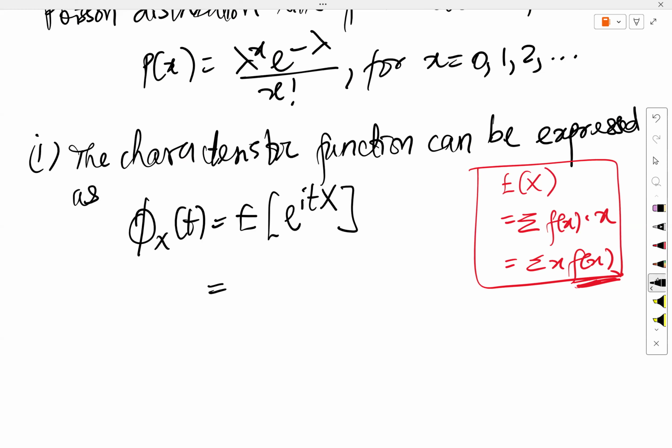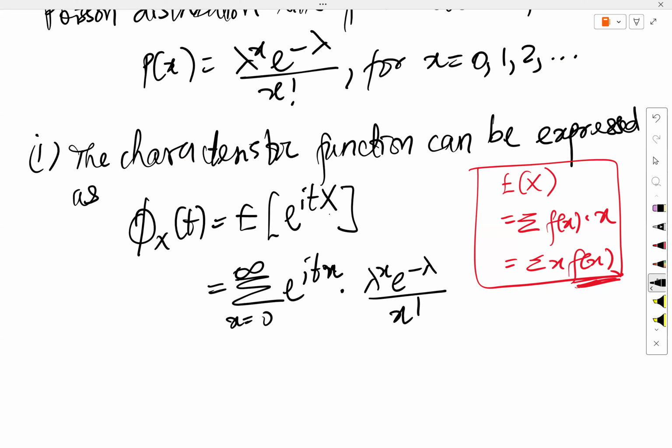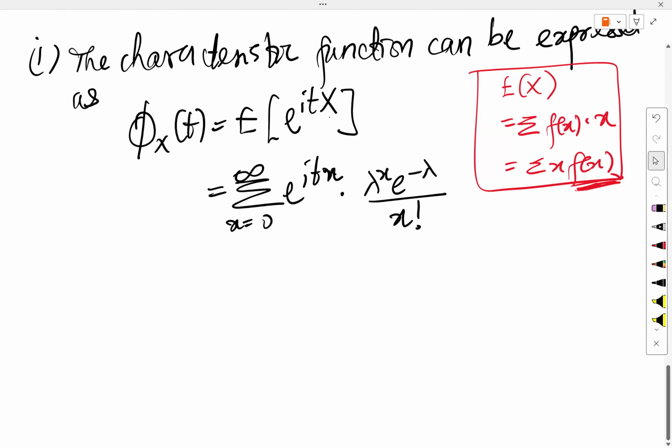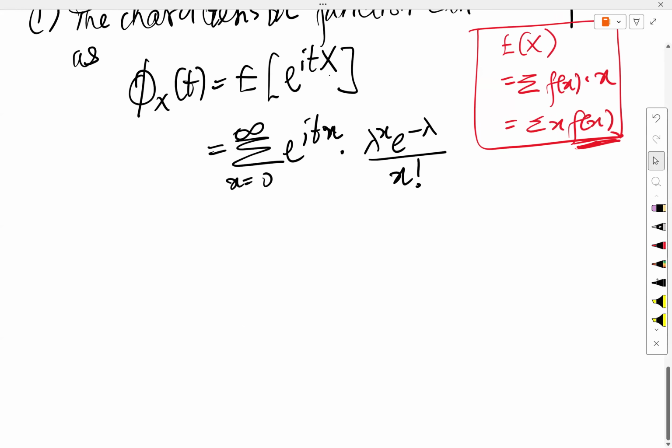In this case, it is Poisson. So it simply means that if we're going to express this, it's going to be the summation from x equals 0 to infinity of e raised to the power itx, multiplied by the Poisson distribution, lambda to the x, e raised to minus lambda, all over x factorial. Since this summation is under x, everything that is not x you can take out.